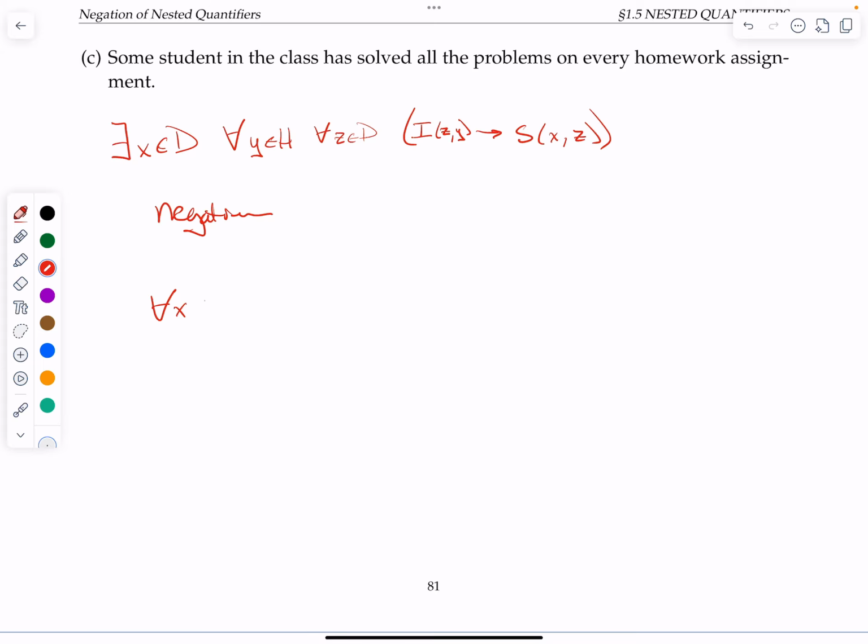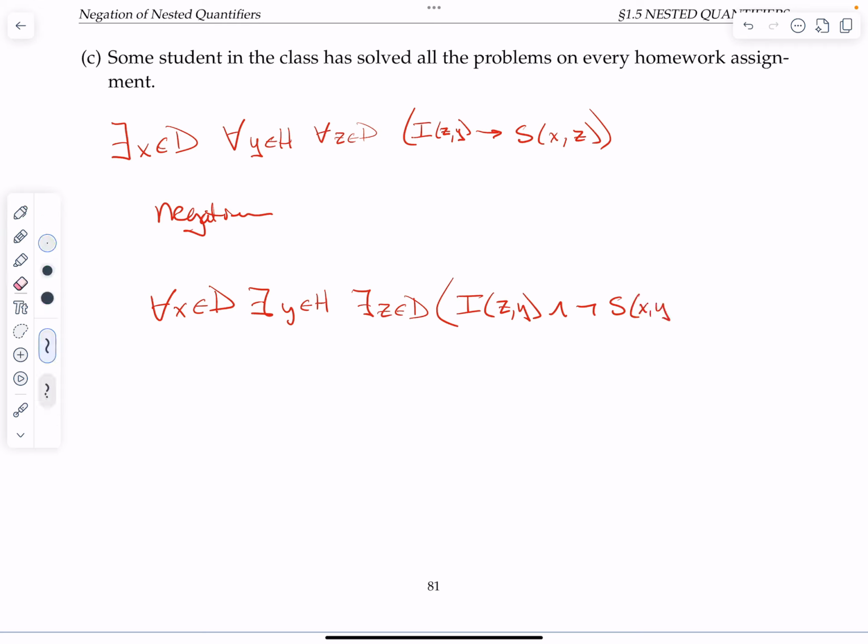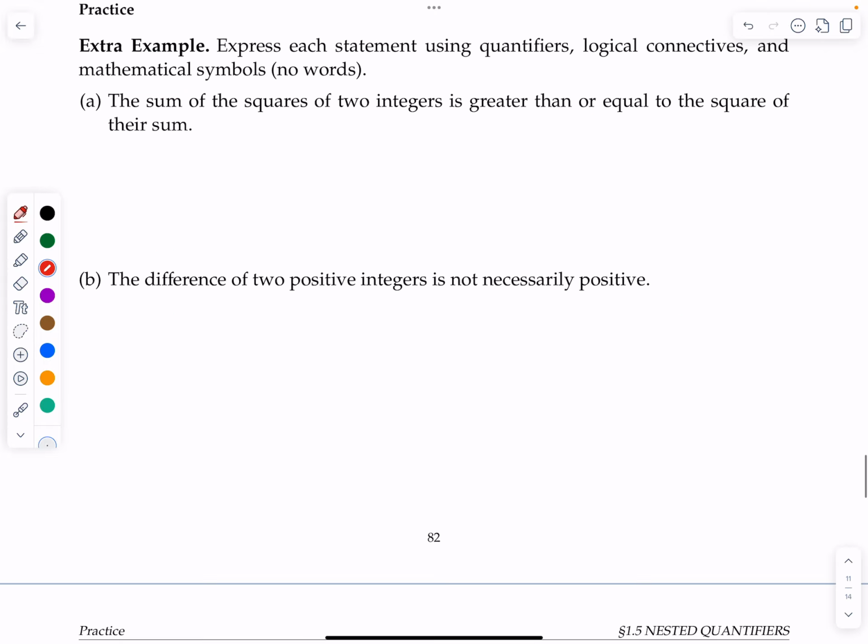For every student, there exists a homework assignment, and there exists a problem, so that either negation of this. That would mean that this is true, and this is not true. There we go. All right, I'm moving on.